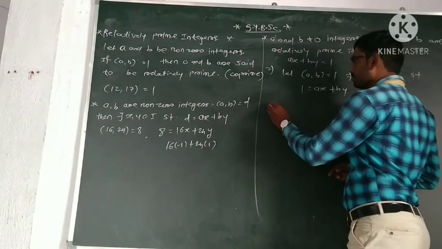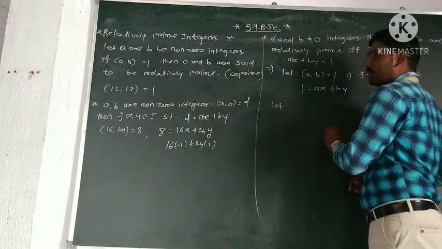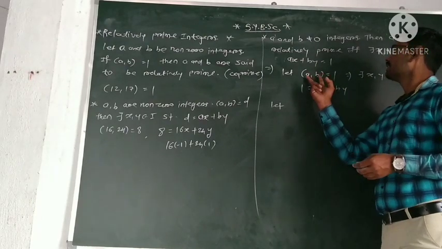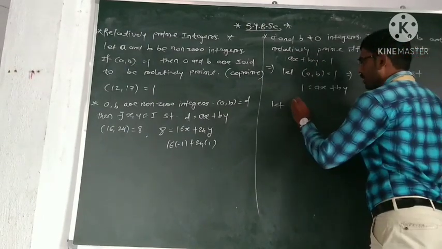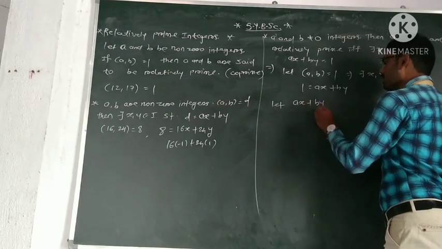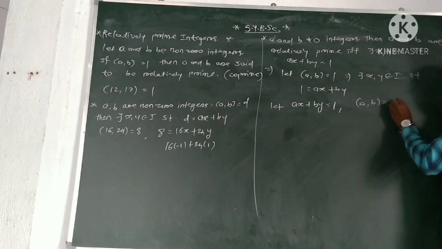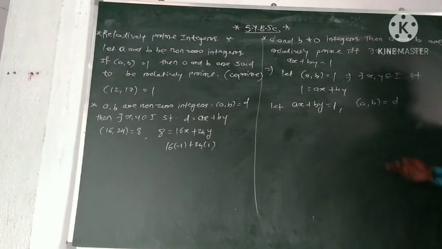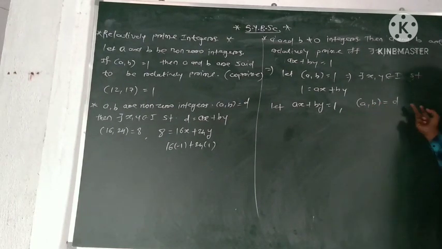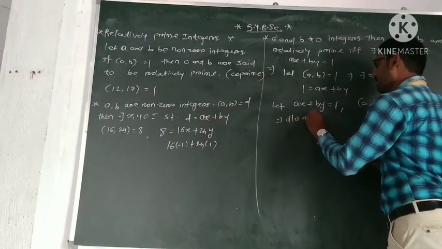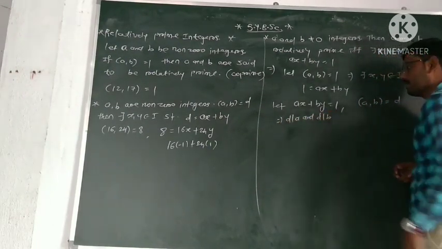Now the other part. We will now assume ax plus by is equal to 1 and prove GCD is equal to 1. So let ax plus by be equal to 1 and suppose GCD of a and b is equal to, say, d. Now since GCD of a and b is d, this implies d divides a and d divides b.